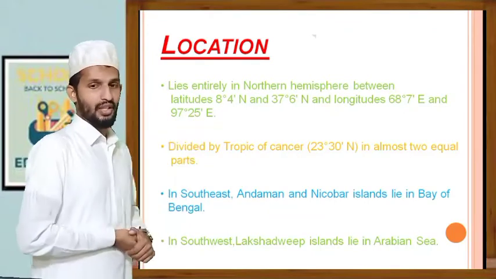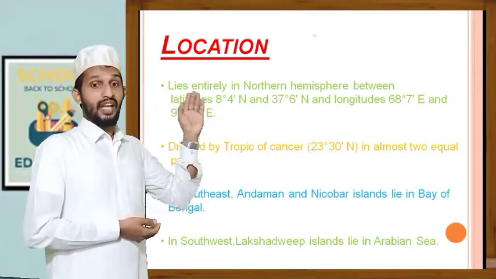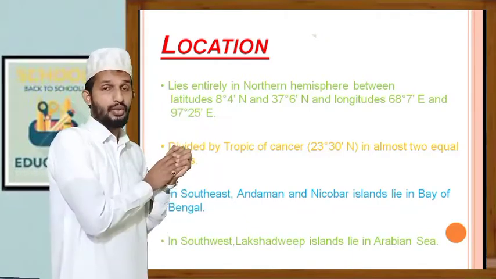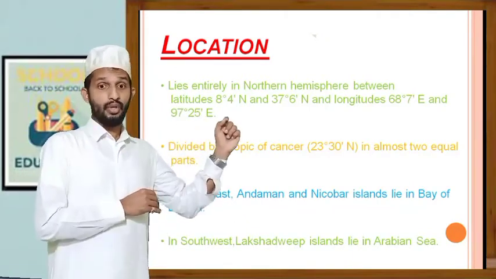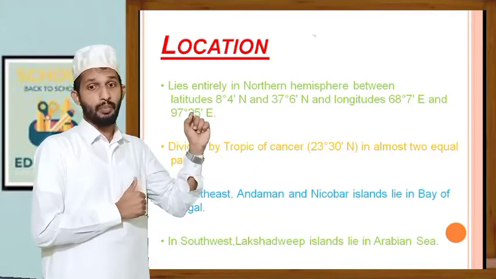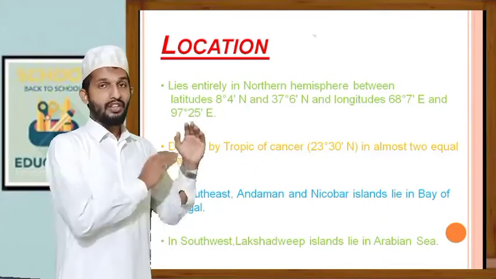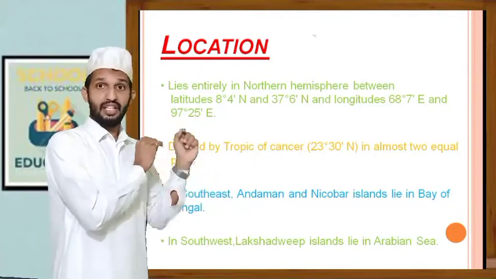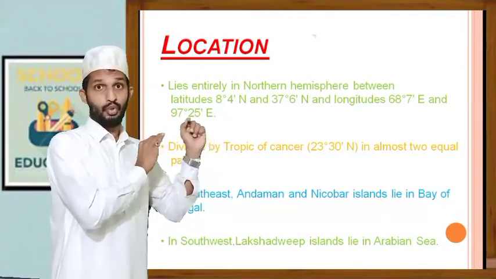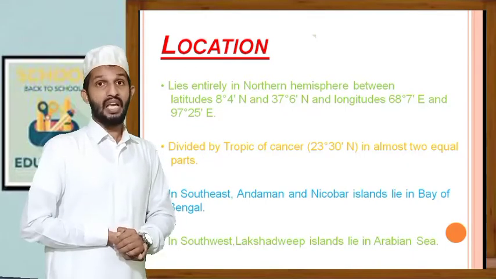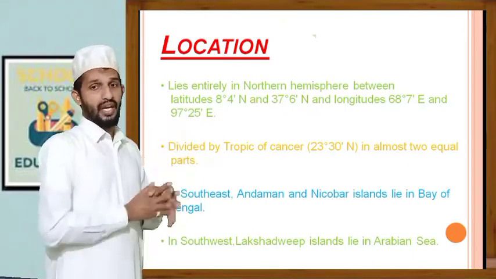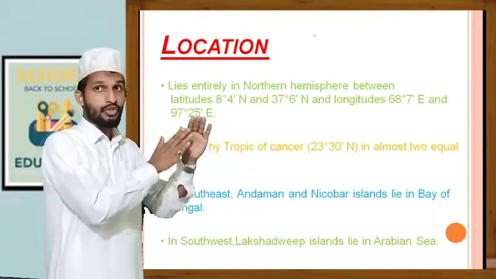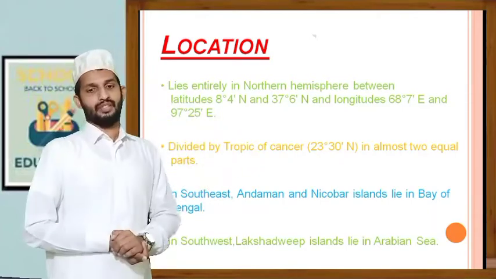Here we can see that India lies entirely in the northern hemisphere between the latitudes of 8.4 degree north and 37.6 degree north and the longitudes of 68.7 degree east and 97.25 degree east, and it divides the Tropic of Cancer, 23.30 north, into almost two equal parts.